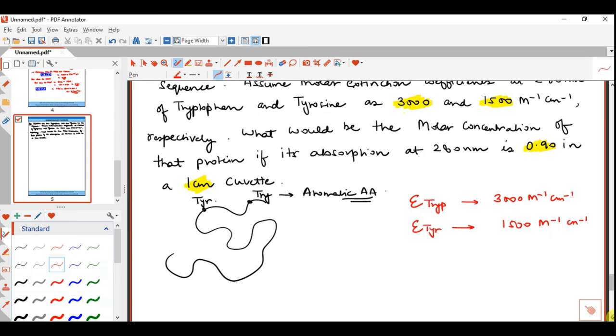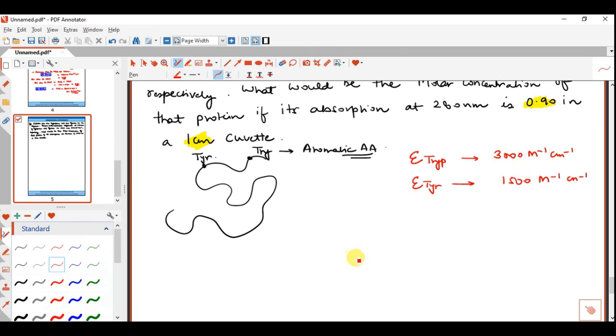So let us first of all find out the total extinction coefficient, or total epsilon. This total epsilon would be because of tryptophan and also because of tyrosine. So how would you calculate this? This can be easily done.